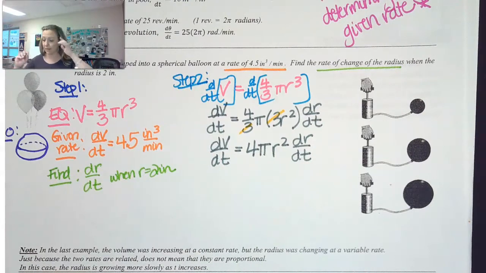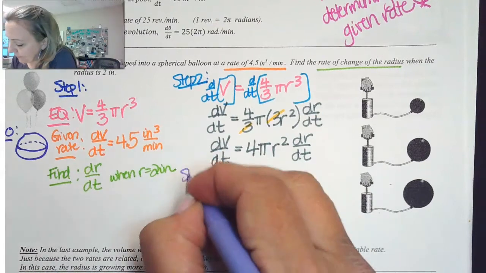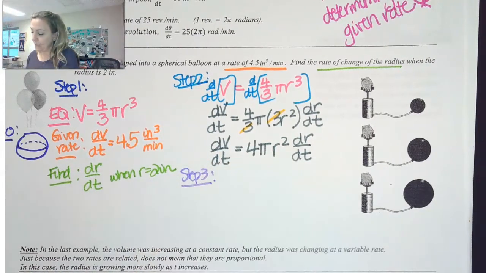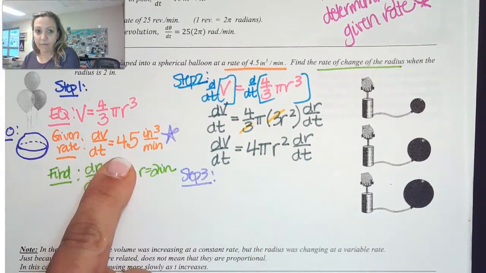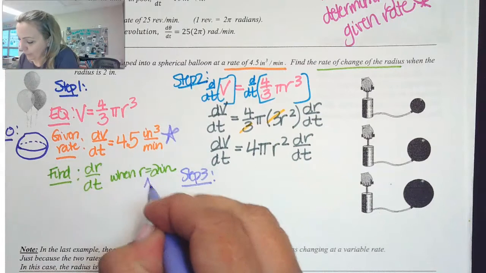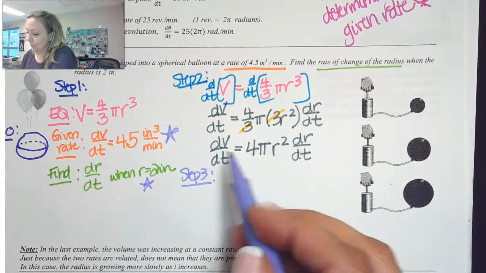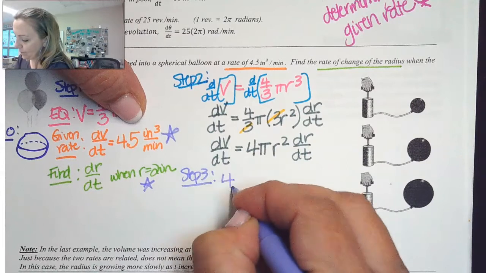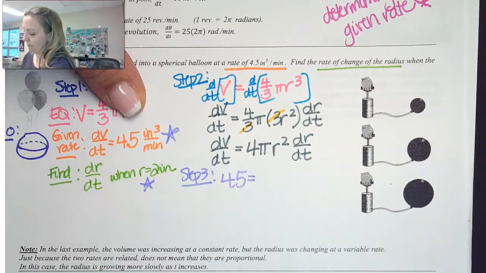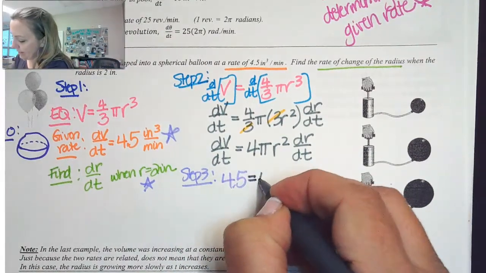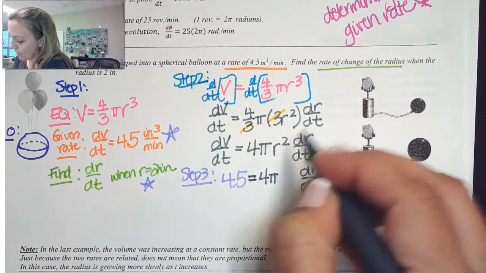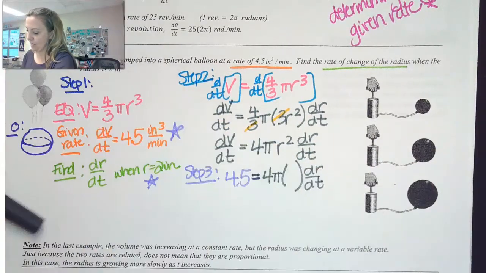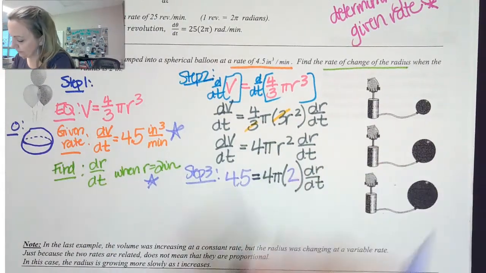Like, okay, anyway. So now that we've differentiated, let's go on to step 3. And step 3 is where we're going to put the different pieces in. We know that dV/dt is going to be 4.5, and now we're allowed to put in that r is 2. So in for dV/dt, we can put 4.5 equals, and now I have 4 pi, and then in for r, I can put 2, okay?